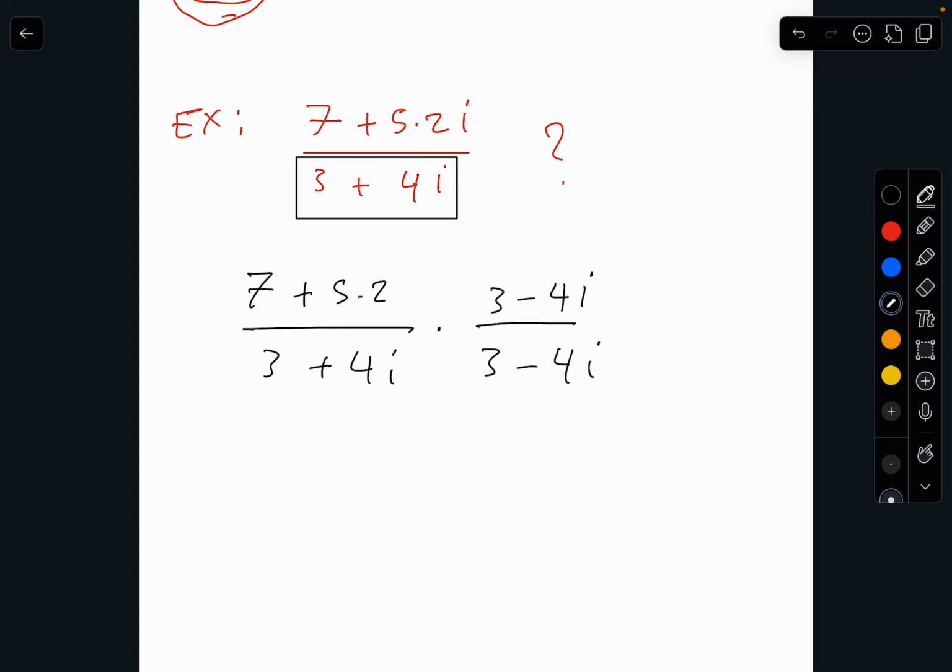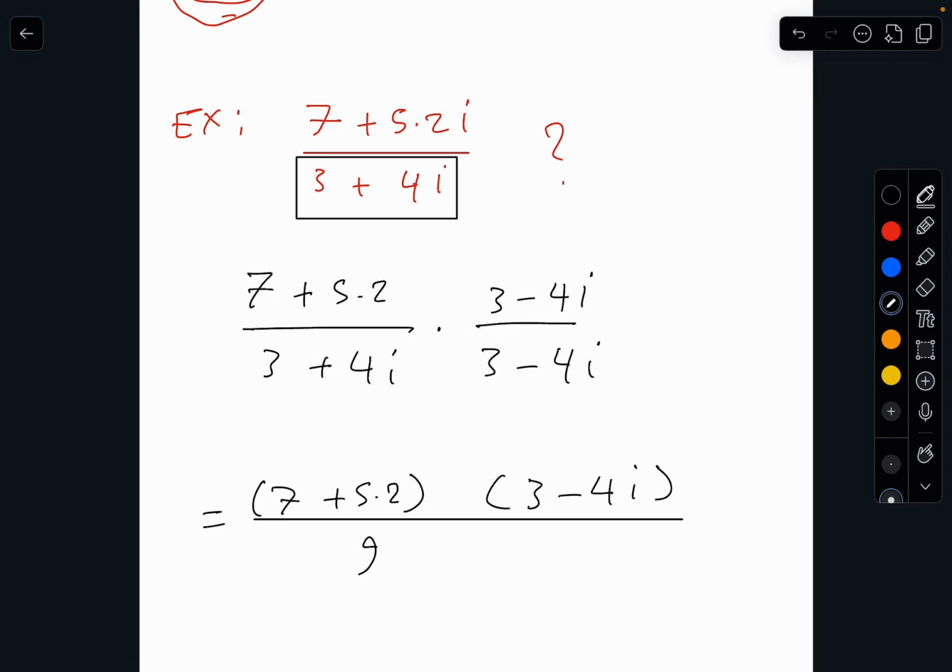So this is going to be 7 plus 5.2i times 3 minus 4i, divided by this, and here we will get 9 and here is minus 16 i squared.